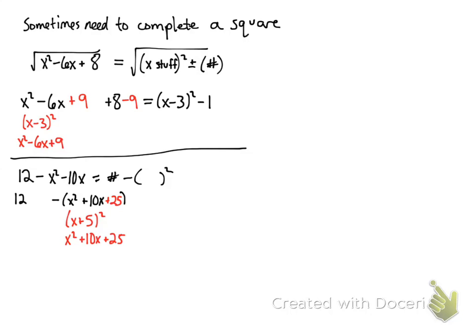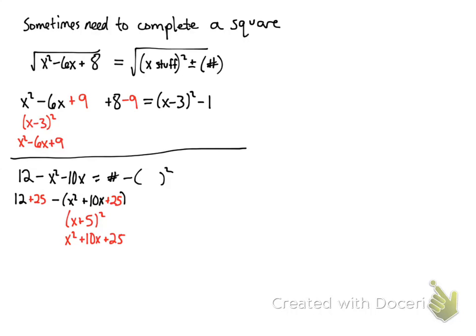So we put that 25 in the parentheses where we need it to make a perfect square, but realize that what we've really just done is put in a minus 25, because that minus sign outside the parentheses will turn it into a minus 25. So since I put in a minus 25, I need to put in a plus 25 to balance it out. So now I have an expression that is equal to the thing I started with, that 12 minus x squared minus 10x, but now it looks like 12 plus 25 minus quantity x squared plus 10x plus 25.